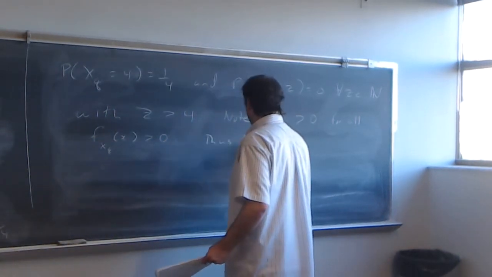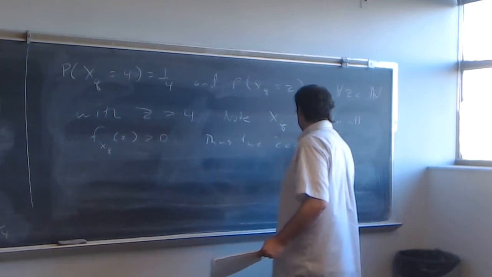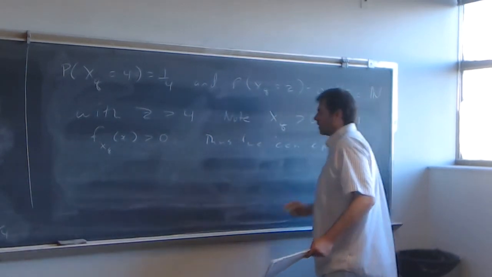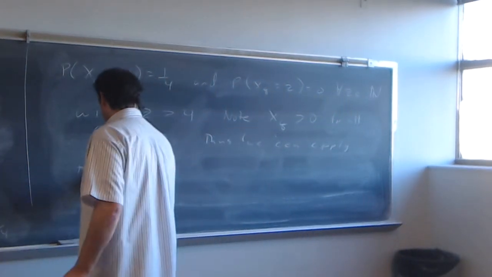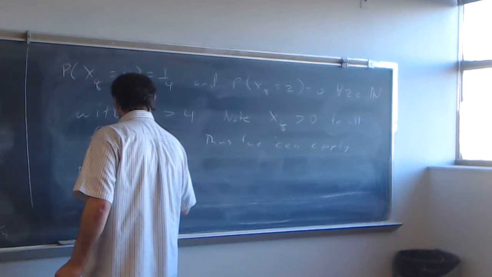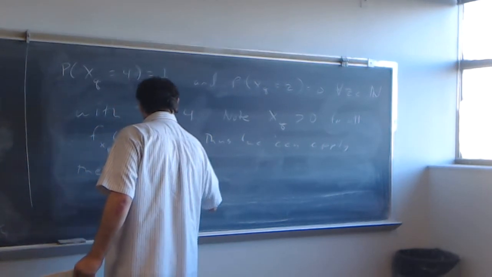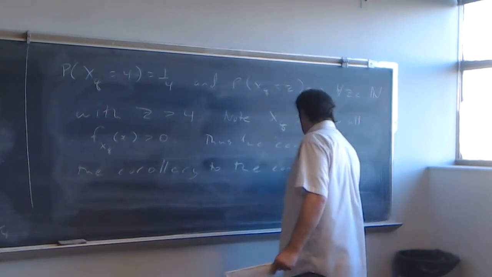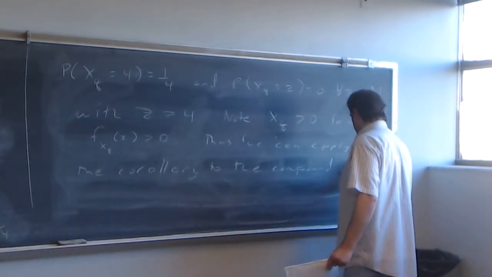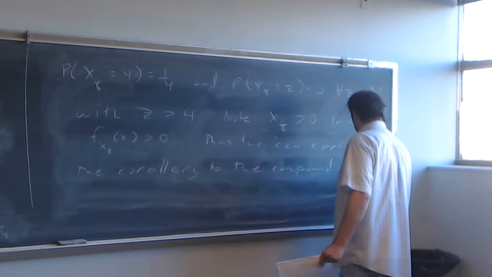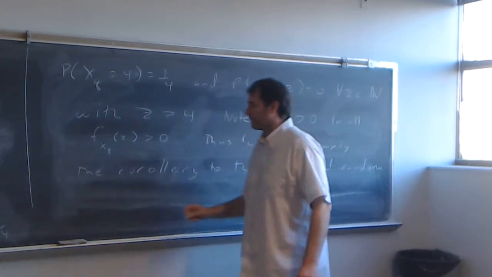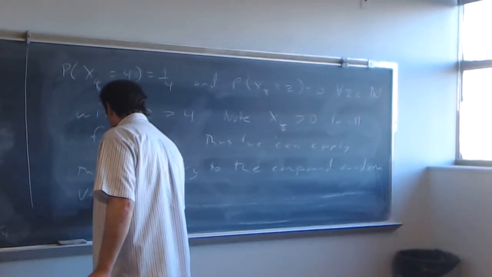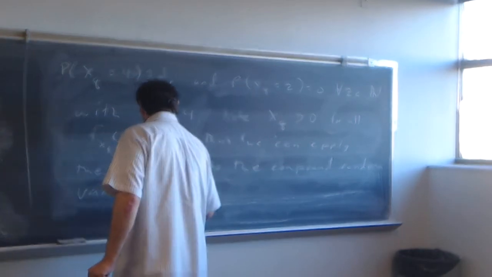Thus, we can apply the corollary to the compound random variable identity.